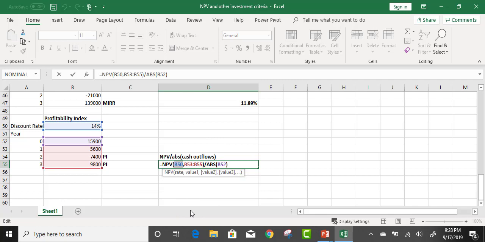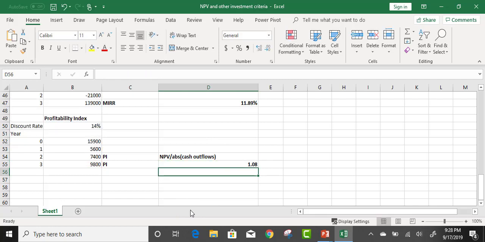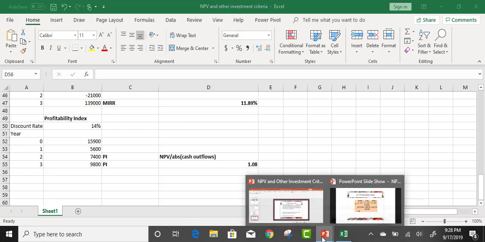And that will give you the profitability index of 1.08, which is greater than 1. So the project should be accepted.